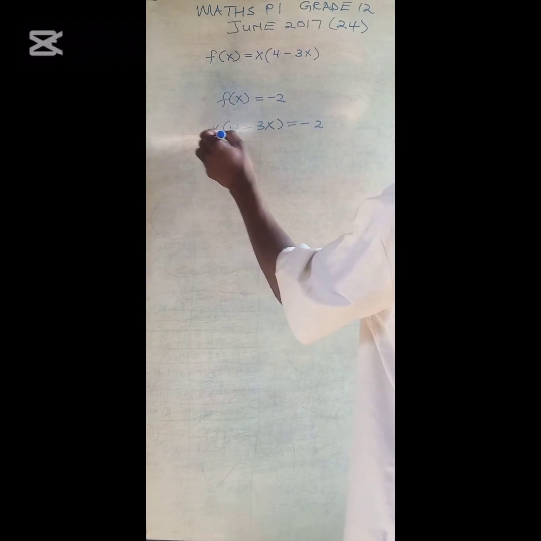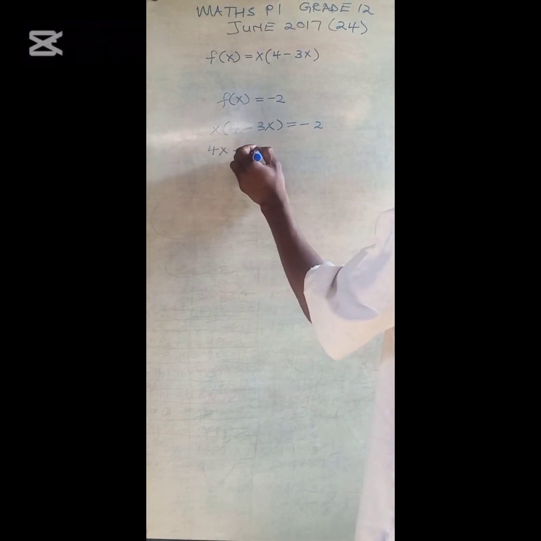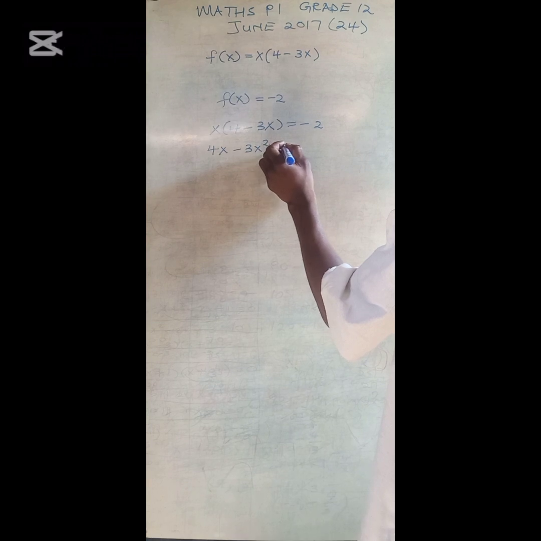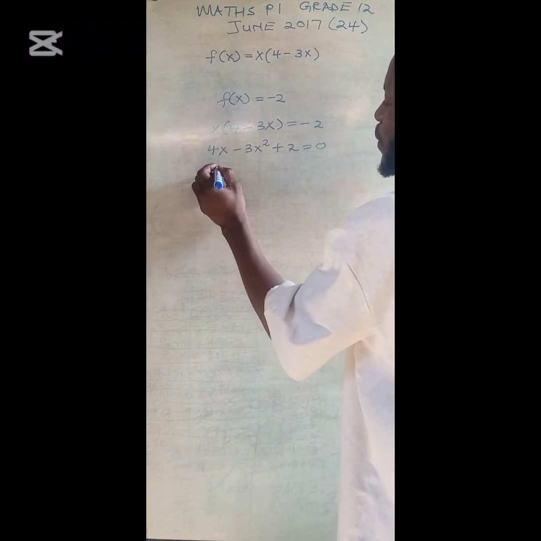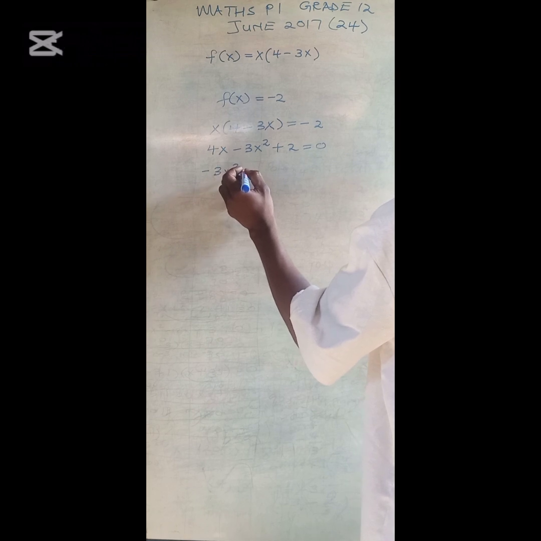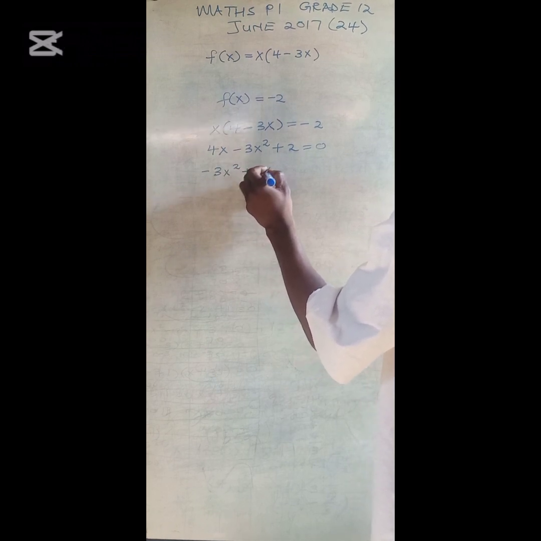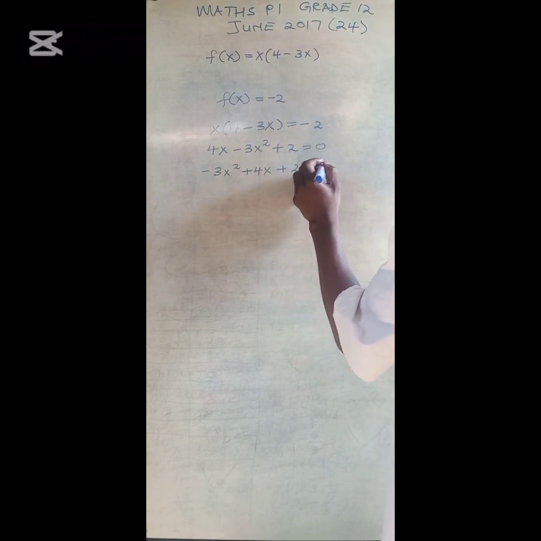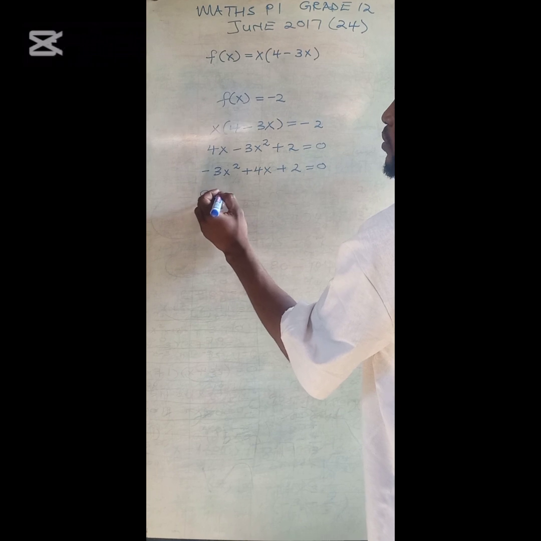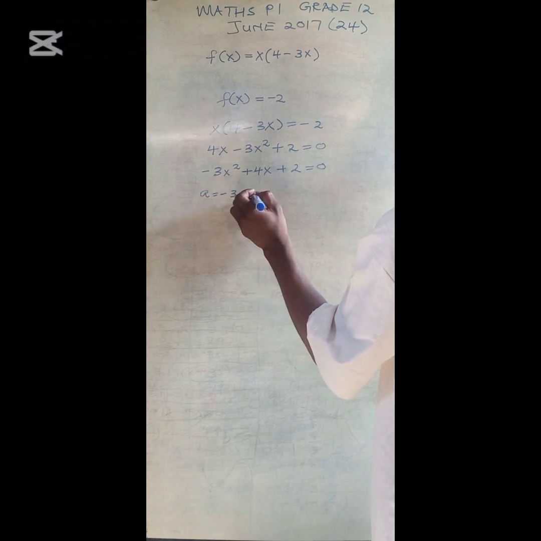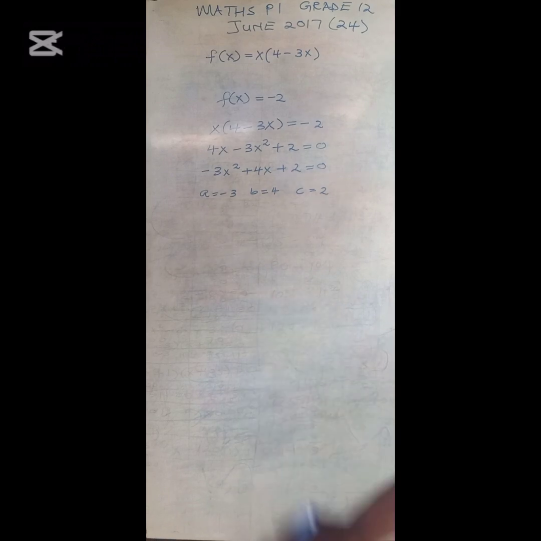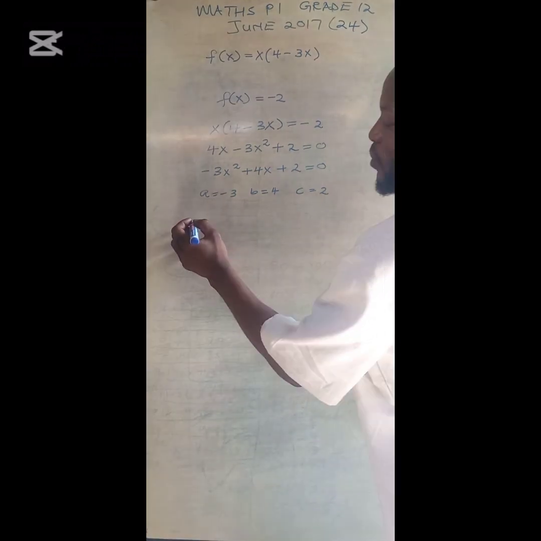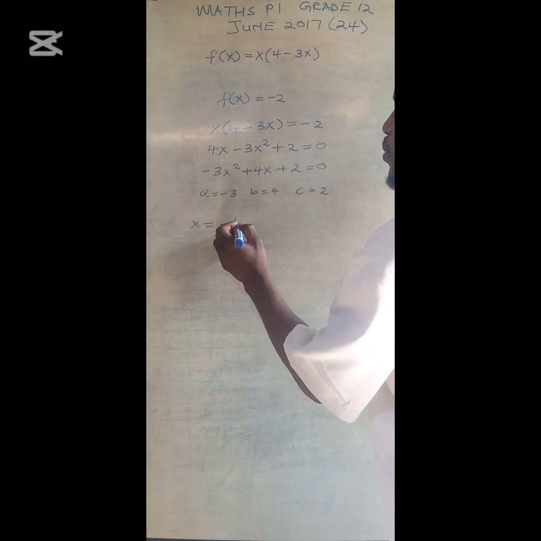We have 4x, and then 3x squared, and then we can transpose this one. It will change sign. In standard form, we have -3x squared plus 4x plus 2 is equal to 0. Therefore a is equal to -3, b is equal to 4, c is equal to 2. They said correct to one decimal place, meaning we have to use the formula method, right?